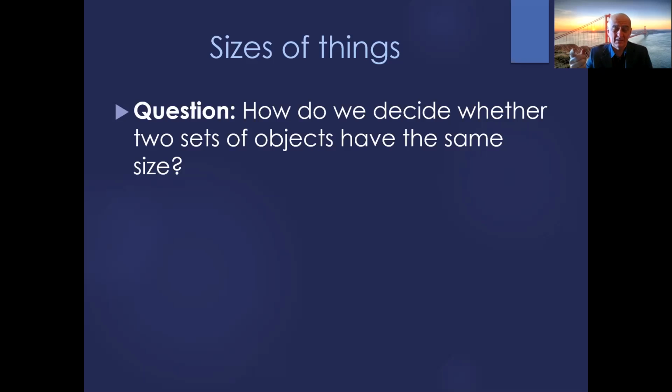We can count students and count chairs and then compare these numbers. And there is another way. We can establish a one-to-one correspondence. We can ask students to sit in the chairs, and this establishes a correspondence between students and chairs. And if there are extra students, it means that the number of students is greater than the number of chairs.